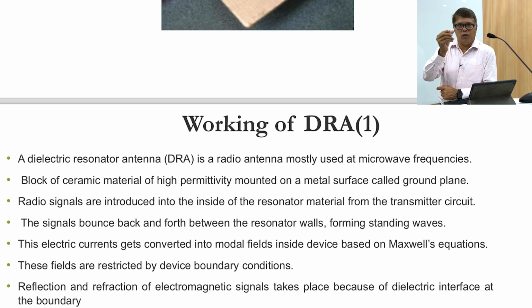The DRA can be designed for a particular frequency, or it can be designed to receive multiple frequencies, and these multiple frequency bands can be integrated with the rectifier circuit, and this rectifier circuit will be able to convert the received RF energy into the corresponding DC voltage.